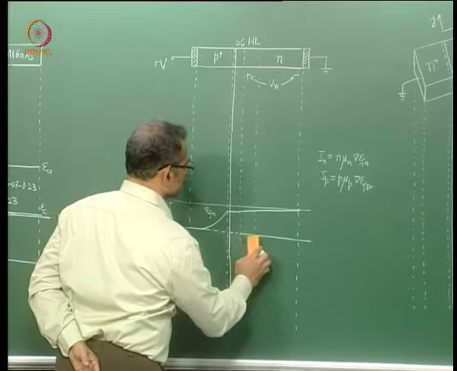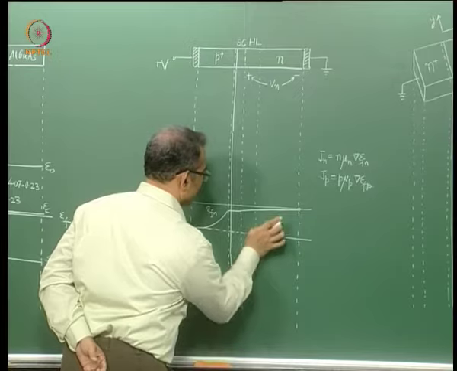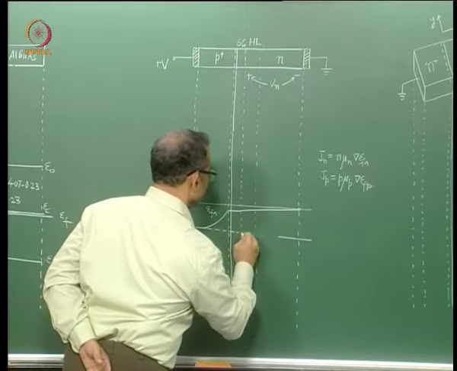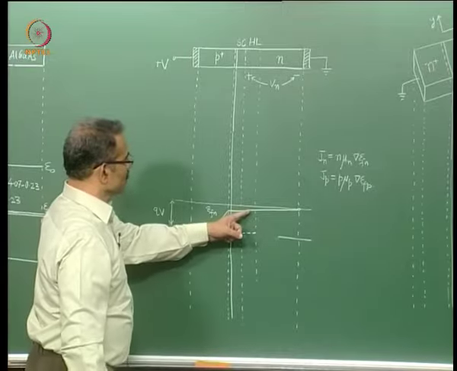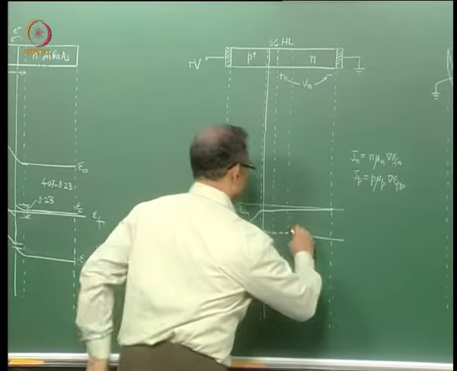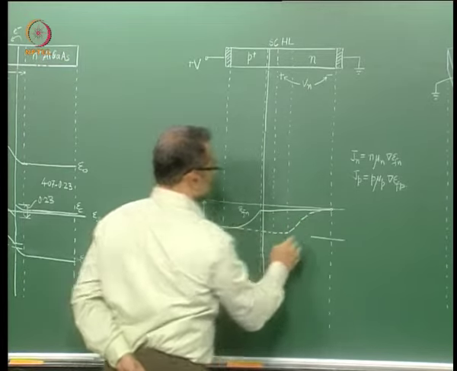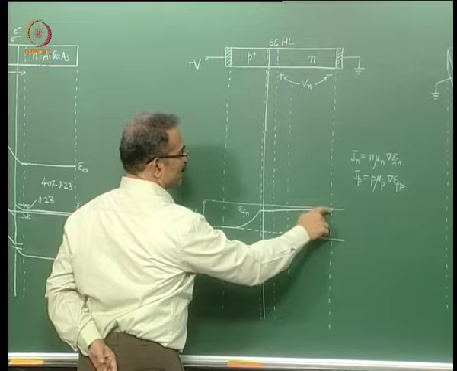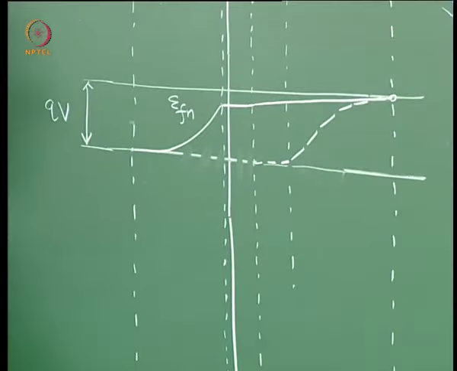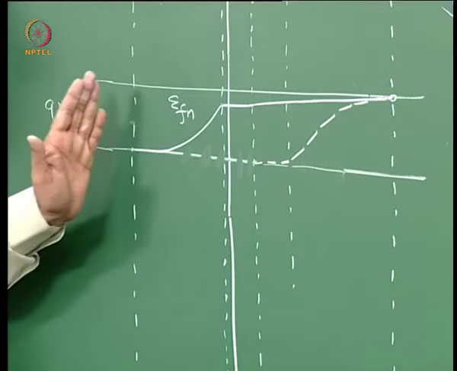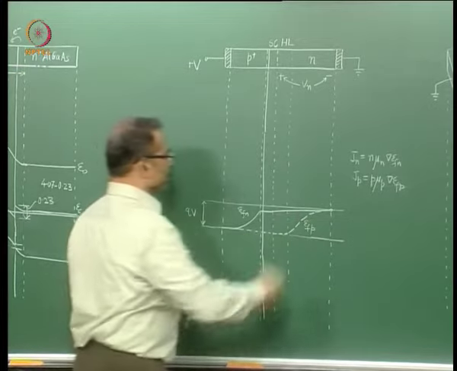Therefore here the quasi Fermi level for holes is parallel to the quasi Fermi level for electrons, and then it merges with EFN at this end. Now this is how we have completed EFN and EFP. So this is EFP.